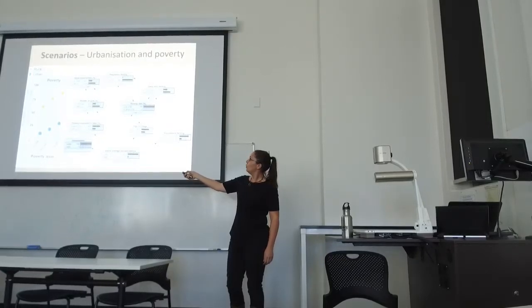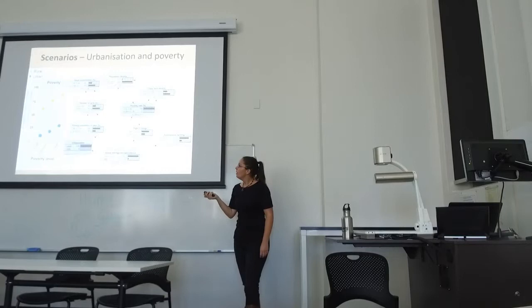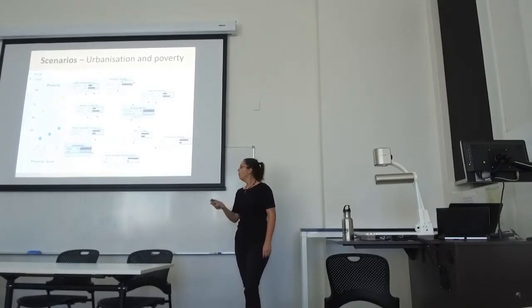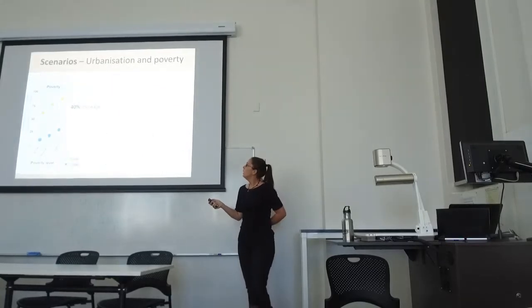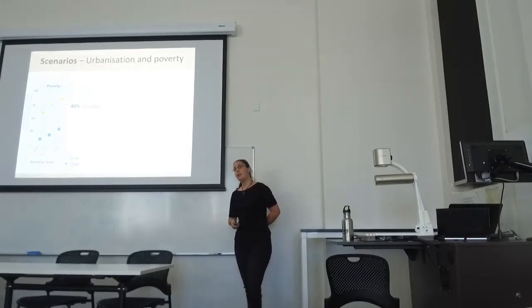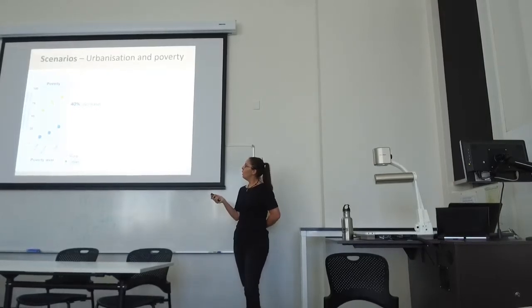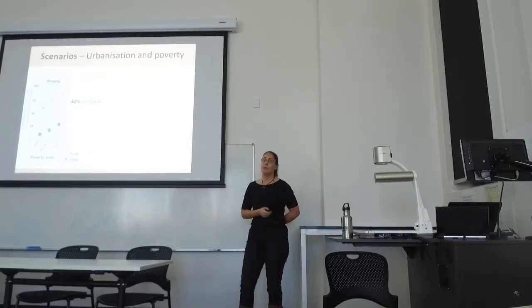These yellow dots are all the rural scenarios. You can see that in a rural scenario, you're much more likely to be in a high-risk village. In the urban scenarios, you're less likely to be in a high-risk village. What we found though was when it came to poverty, if you're in a rural community with high poverty, there was a 40% increase in the chance of being in a high-risk village.